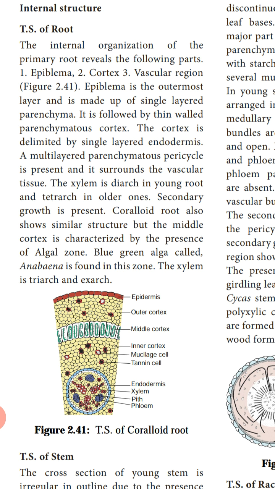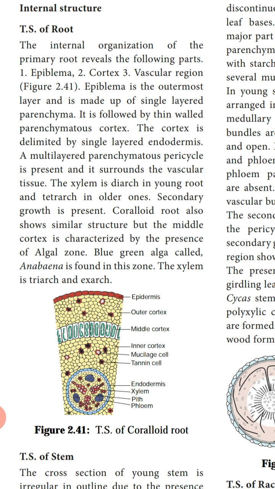As we have studied in the case of roots, the xylem and the phloem are arranged radially, that is, they are present on different radii, separately, as studied last year. So here also you can see, only 2 xylem elements are present in the young root. When the roots mature, in the older roots there are 4 xylem elements.